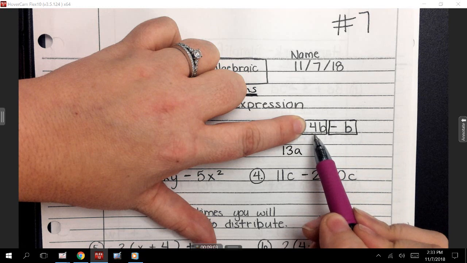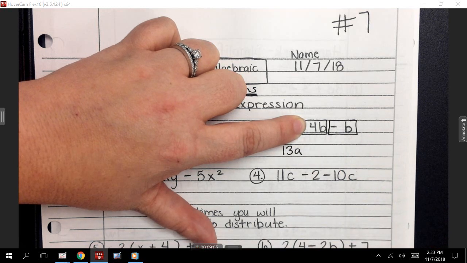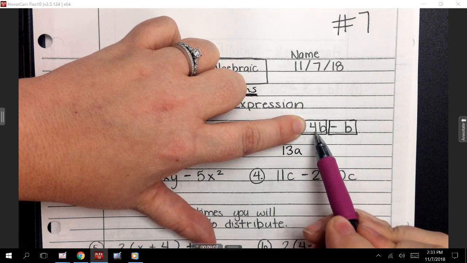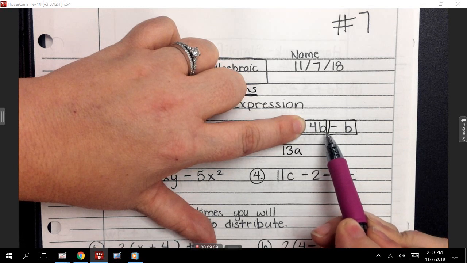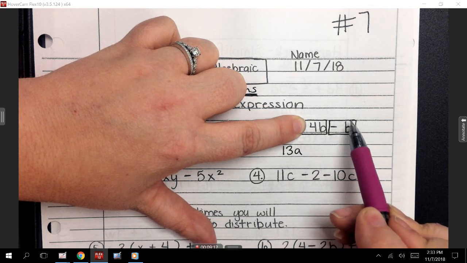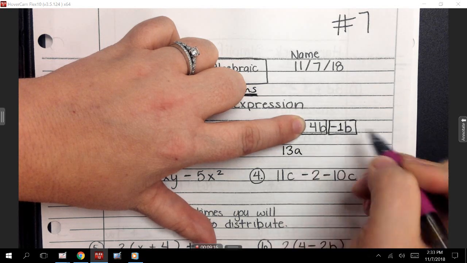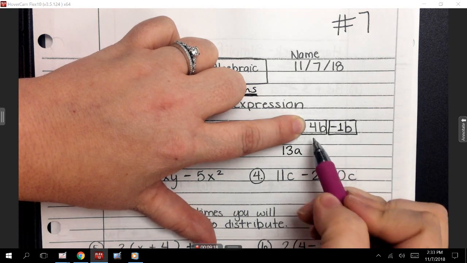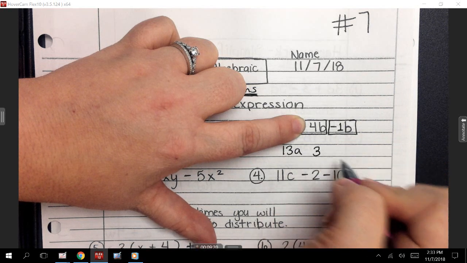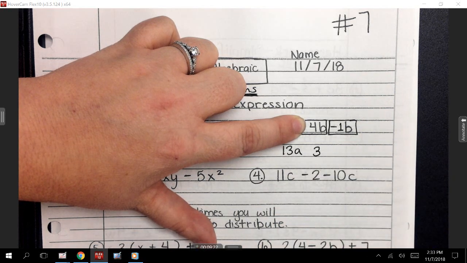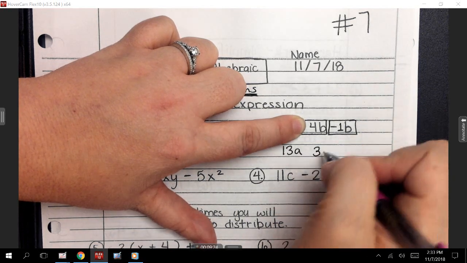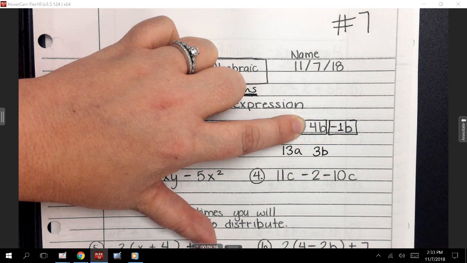This isn't saying just 4 and then a B next to it. It's saying there are 4 B's. And then we're going to take away a B, which if you wanted to, you could say you're taking away 1 B. 4 minus 1 is 3. Guys, that B can't just disappear. That B is still there.